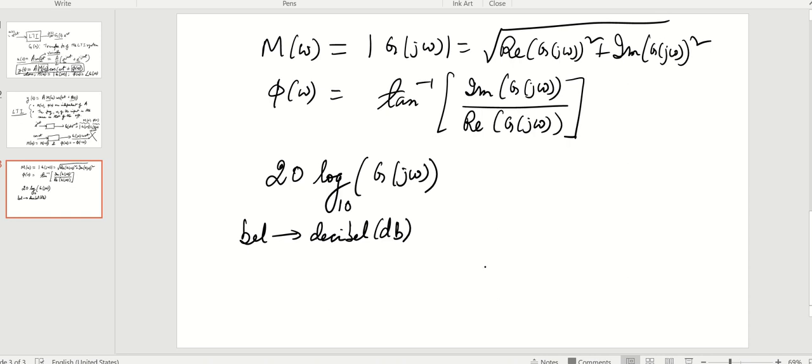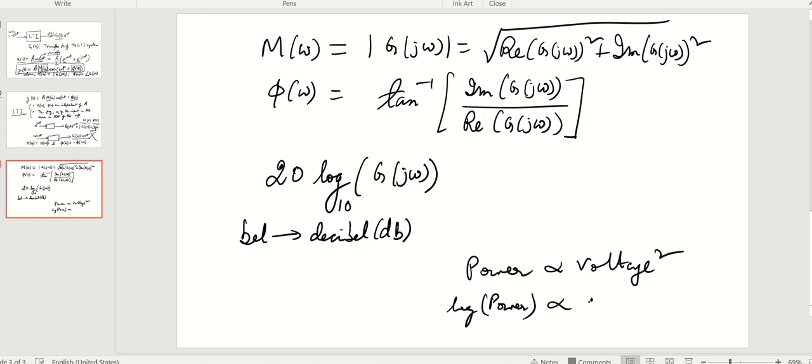So since power is proportional to voltage square, when you take the log, log of power is proportional to twice log of voltage. So that is what resulted in this factor of 2.